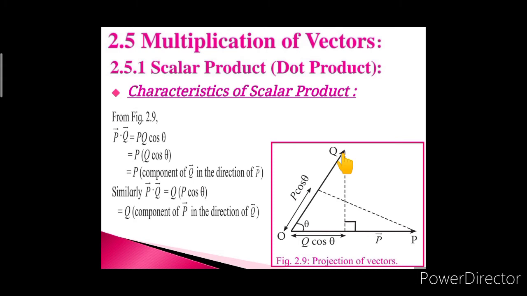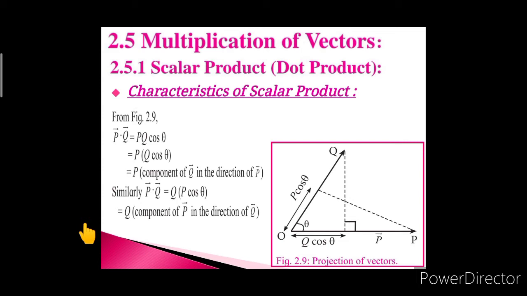So, vector p dot vector q is equal to q into the component of vector p in the direction of q. So, we can write vector p dot vector q as the product of the magnitude of the first vector and the component of the other vector in the direction of the first vector.